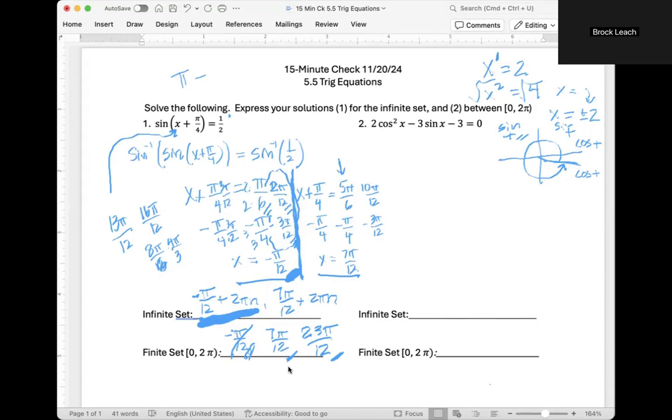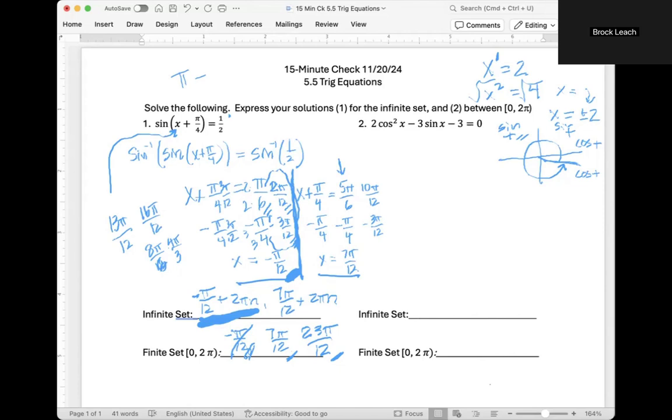But when it's asking 0 to 2 pi, I tried to input that in the homework and it said I got all the coordinates right, but that negative coordinate should not be in that 0 to 2 pi. That's because it's outside of the finite set that they set. Exactly.